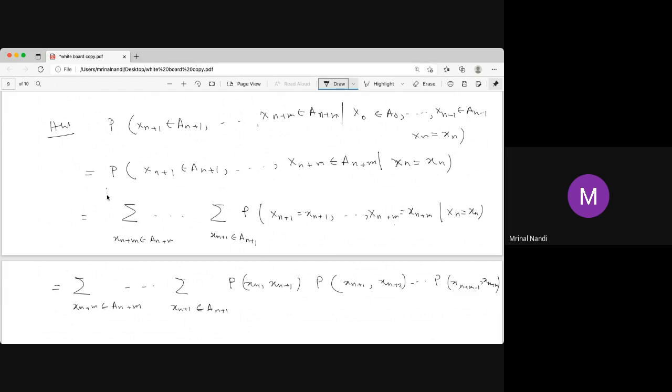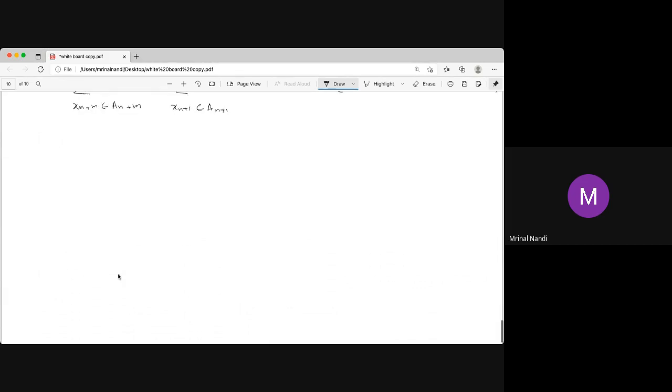You need to fill up all these steps. There are several steps, and here is the most complicated part, maybe 6 or 7 steps. Homework means you have to fill up all these things. This is just our outline.